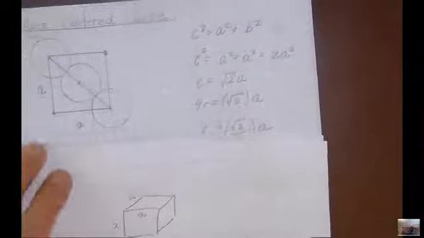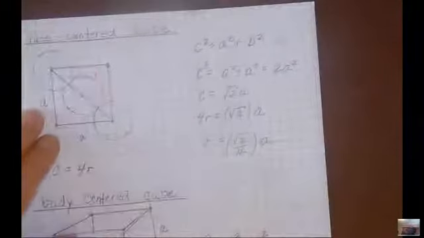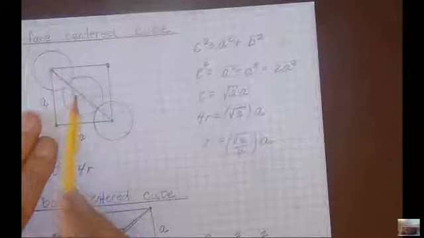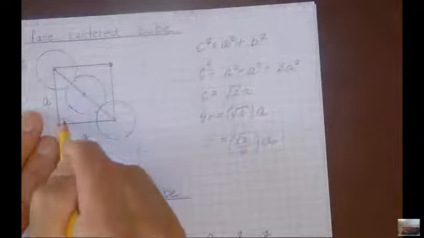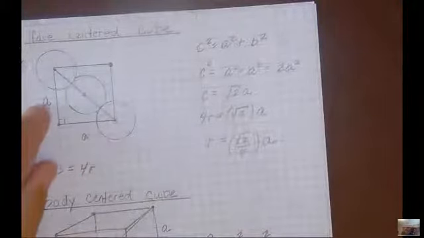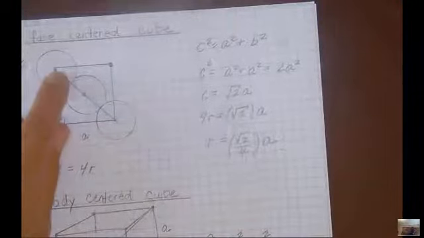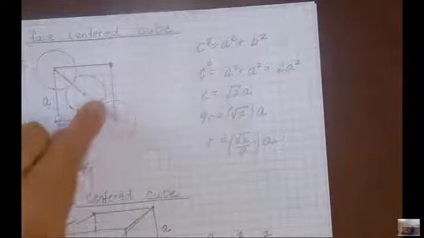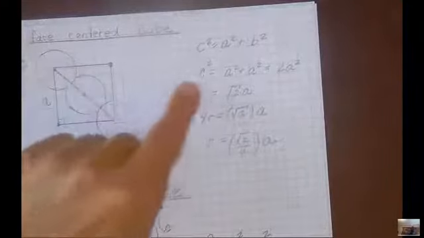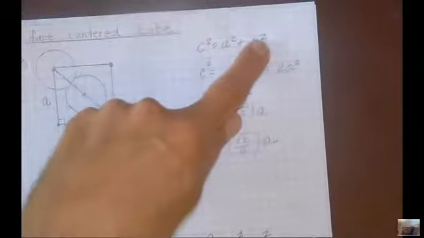The first thing we can do is figure out what this length is. Let's do the geometry across this right angle, something you've done before. If this is A and this is A, and we want to find this length, let's call that C. From the Pythagorean theorem, C squared is equal to A squared plus B squared.